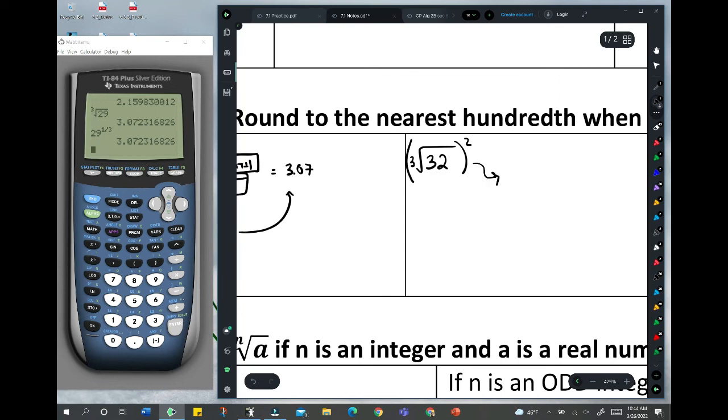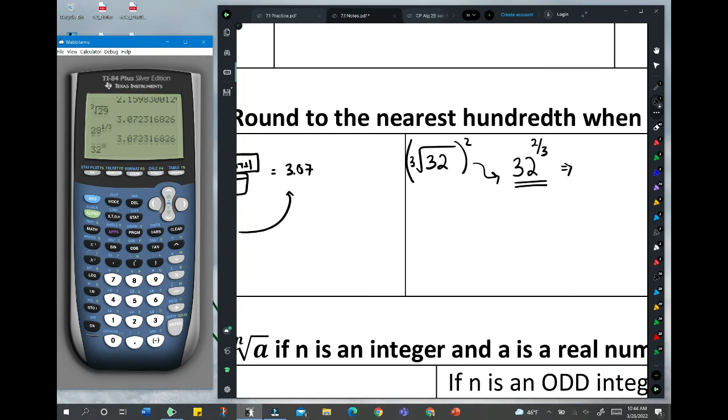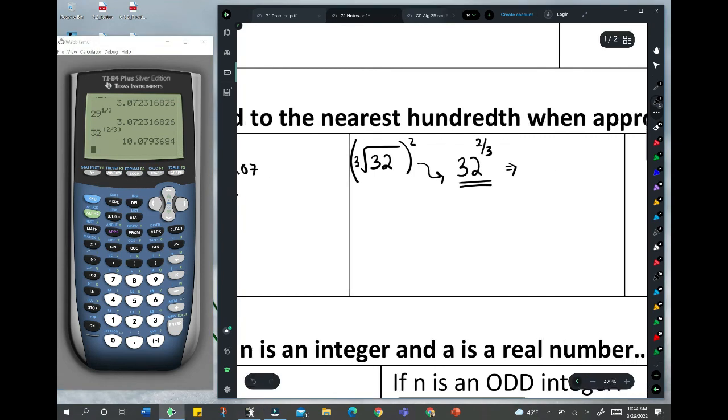Okay, I would recommend rewriting that as 32 to the 2/3 and use that in your calculator. You could do it the other way, but just recognize that it's to a fraction and type it in that way. 32 to the 2/3, about 10.08.